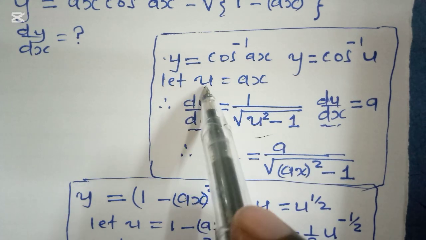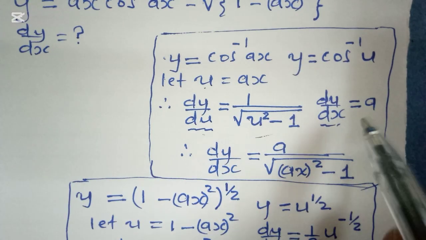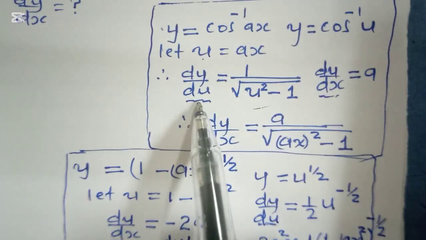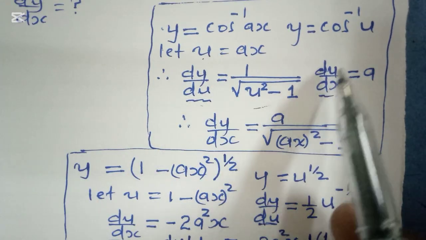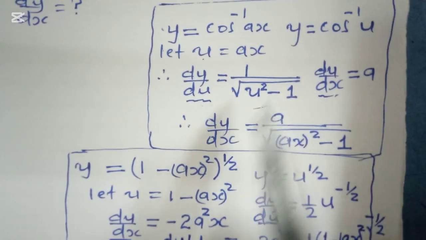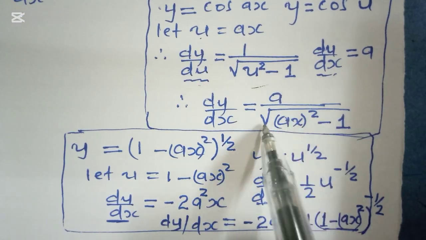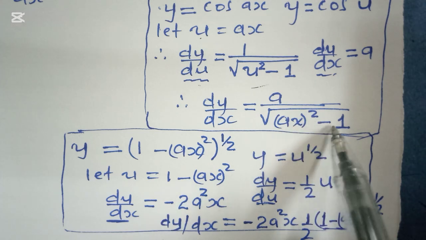We also differentiate u with respect to x. We get a. And so therefore, using the chain rule, we say dy du multiplied by du dx. The du will cancel, and we will be left with dy dx. So we shall have a, which is here, all over square root of ax squared minus 1.